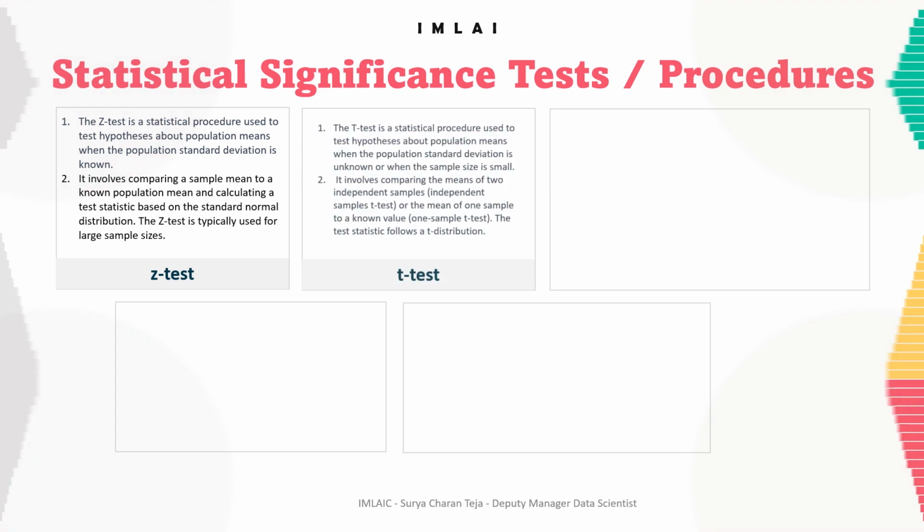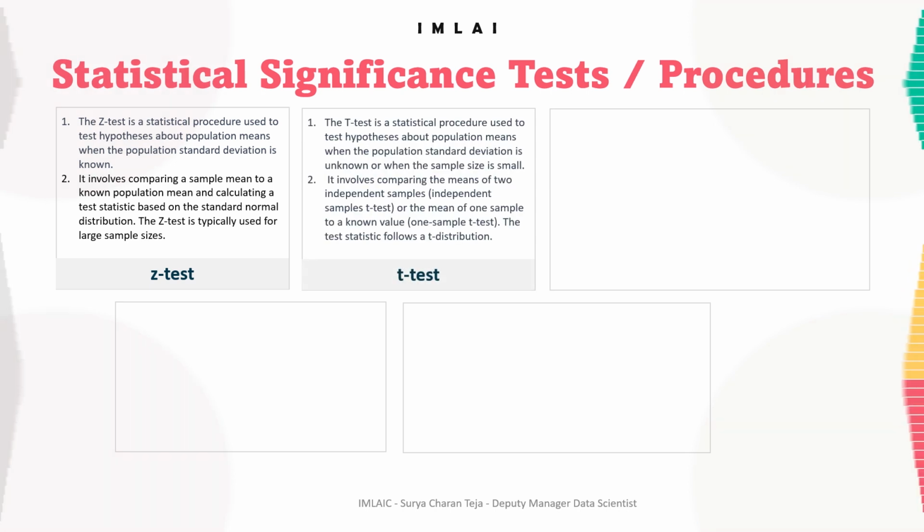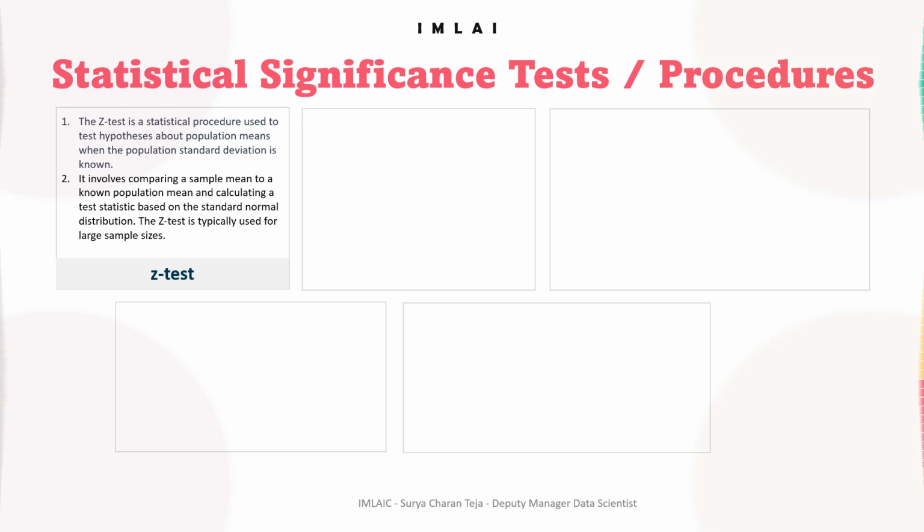G test is a statistical procedure used to test hypotheses about population mean when the population standard deviation is known. So it involves comparing a sample mean to a known population mean and calculating a test statistic based on the standard normal distribution. The G test is typically used for large sample sizes.